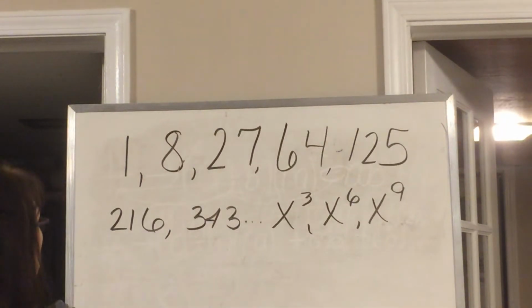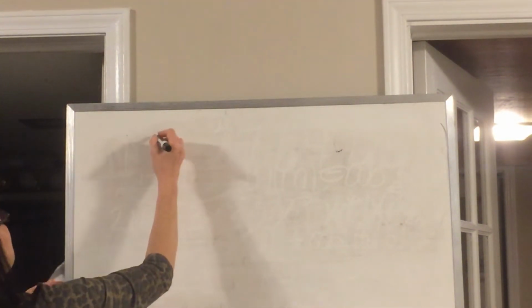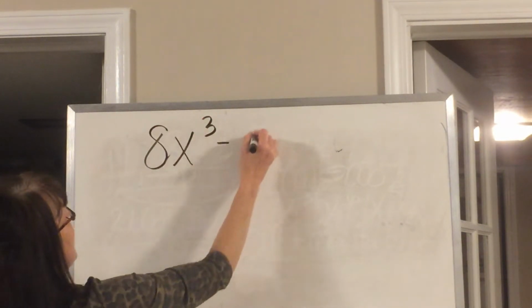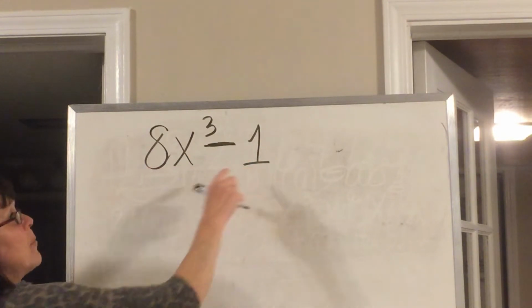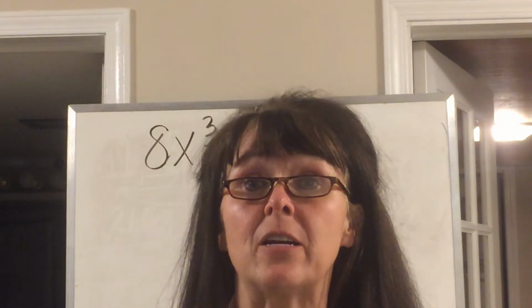So, here we go. The first one is 8x cubed minus 1. And you can see both of the numbers are perfect cubes. You can test it by going to Math 4 in your calculator.